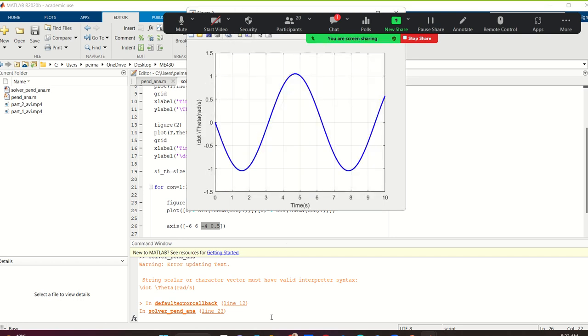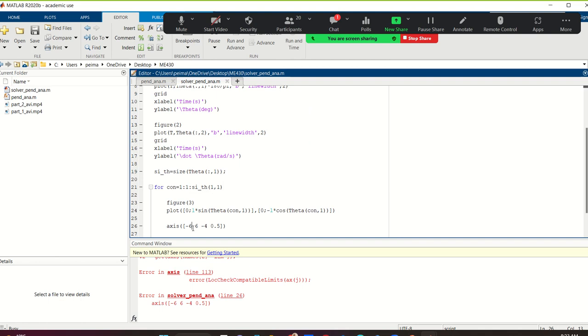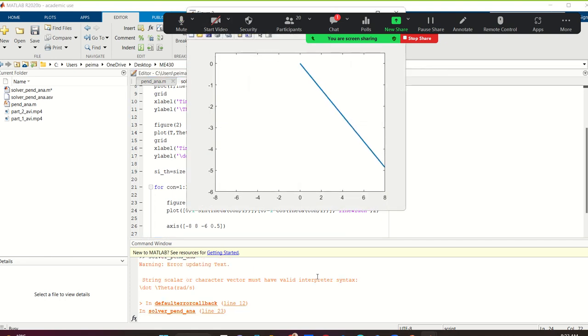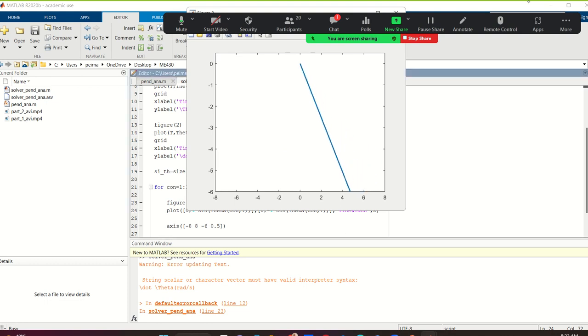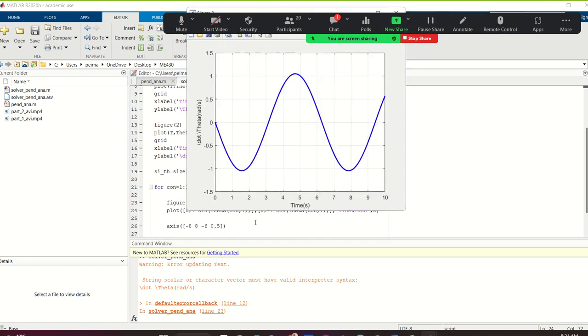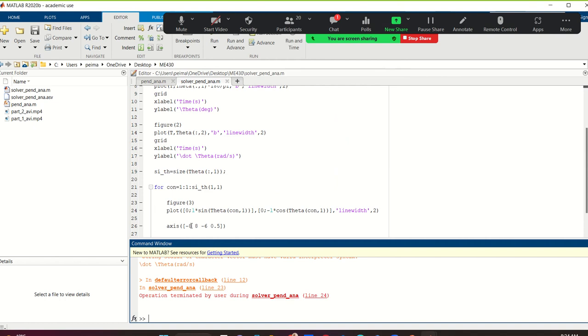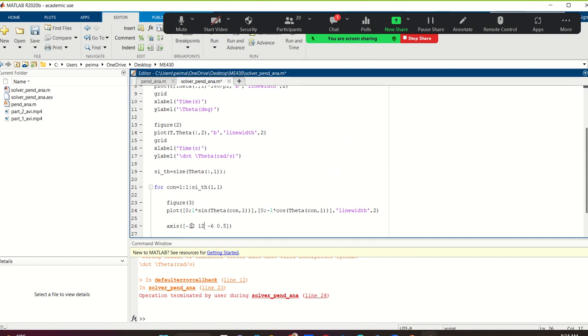So let me fix it. -8 and 8 and -6. And I'm gonna make the line width 2. I'm gonna share the code with you when I'm done. If I run this, I need more x, because I don't know what is there. 12, 12, 10.